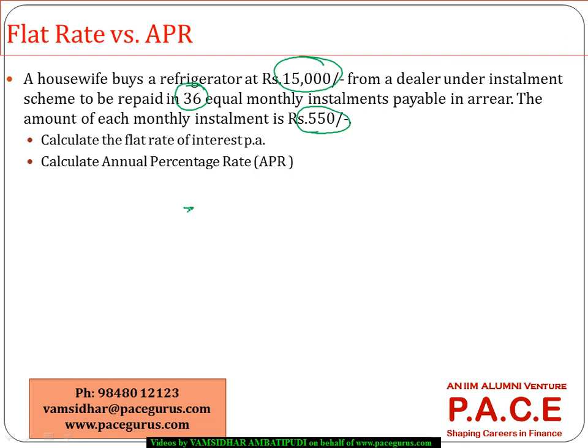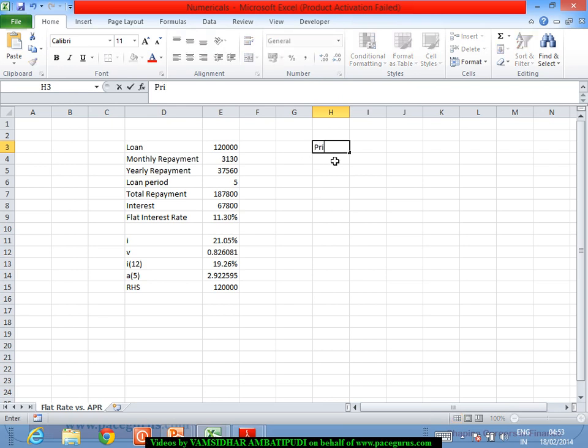So basically the principal amount or the loan amount in this case is 15,000, but the total repayment done is 550 times 36, which is more than the principal amount itself. So the principal amount is 15,000.